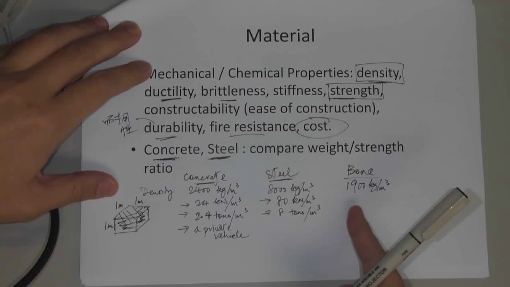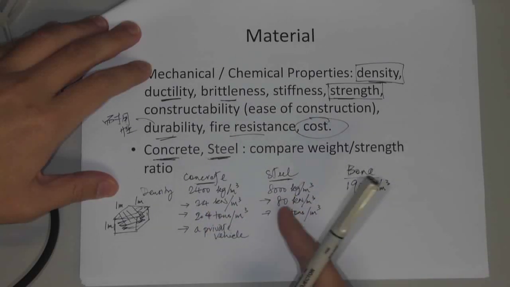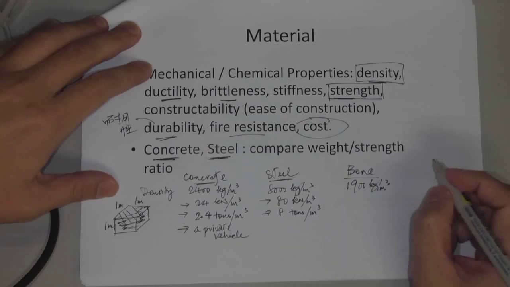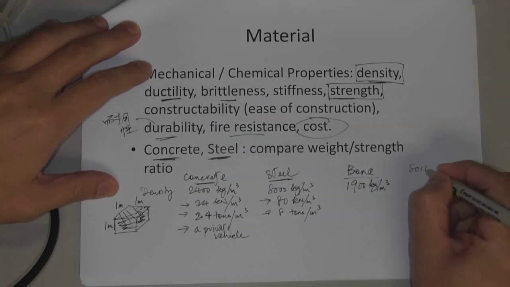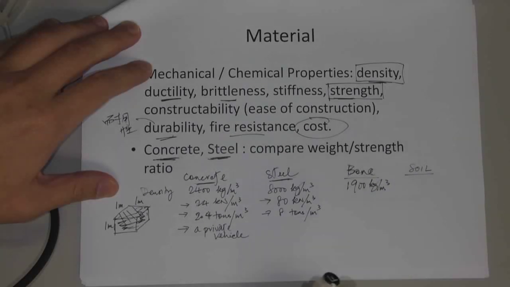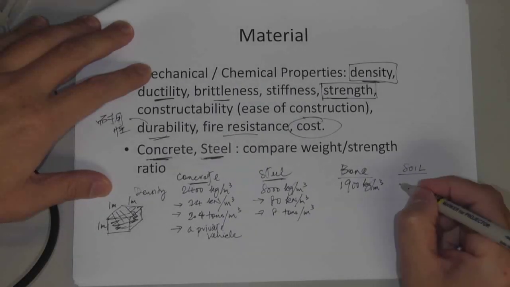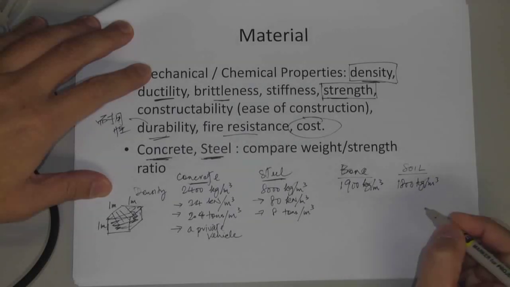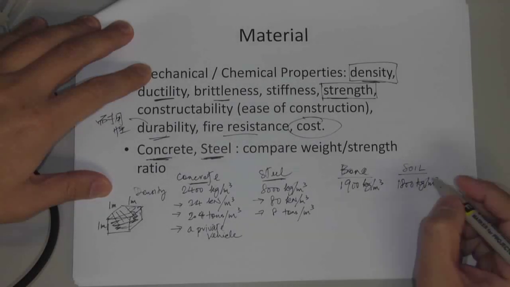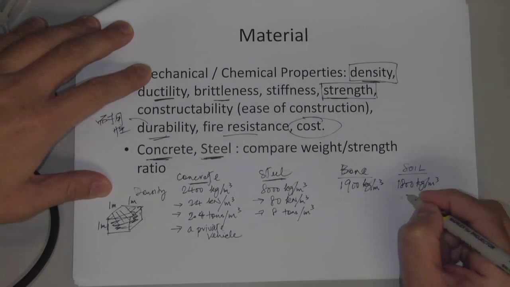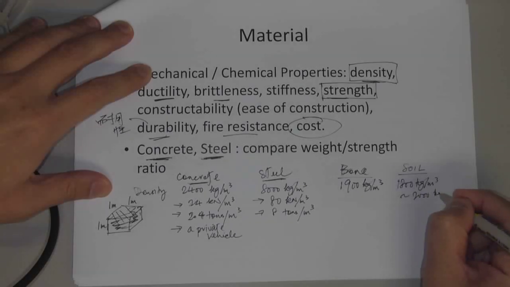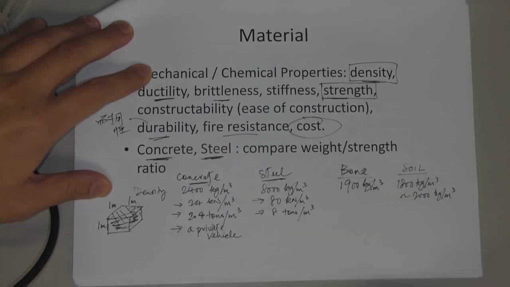So that is only an average. It's lighter than concrete. It's of course much lighter than steel. This density, this weight, is about the weight of soil, another common material in construction. For soil, the density is about 1,800 up to around 2,000 kilogram per meter cube.